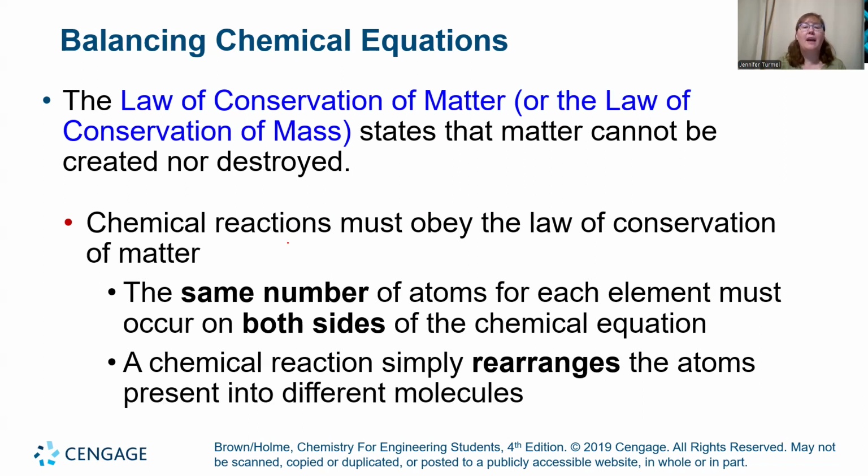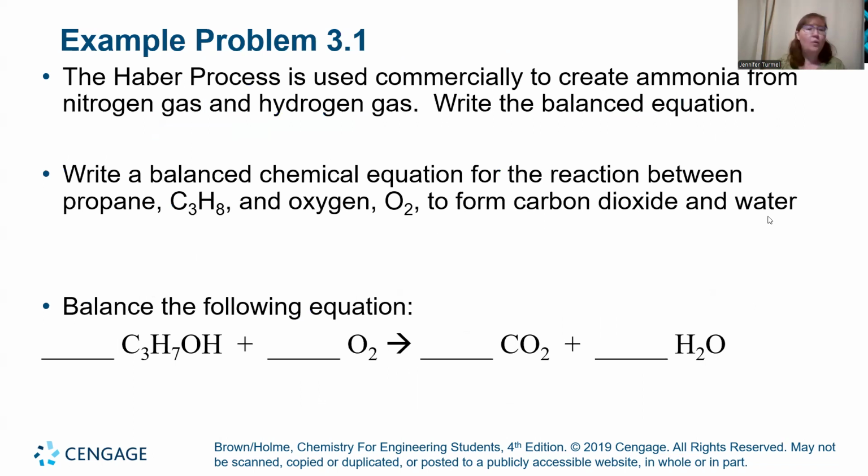And that means that the same number of atoms for each element must occur on both sides of the chemical equation. Chemical reactions simply rearrange the atoms present in different molecules. So that's what I've been showing before, an introduction to the balancing of equations, which ends up being just so incredibly important.